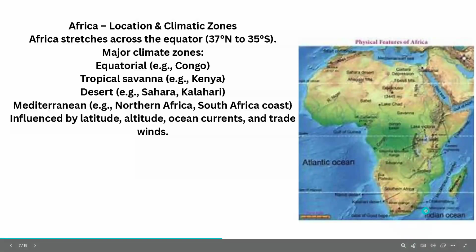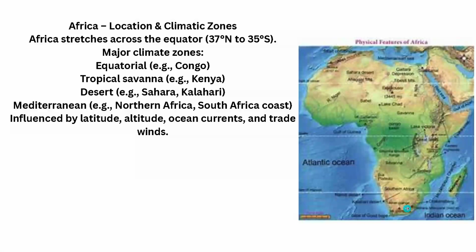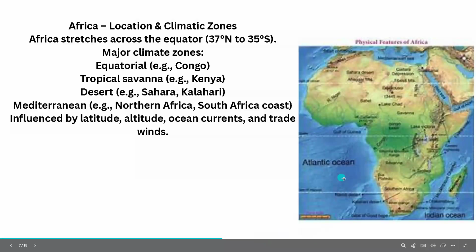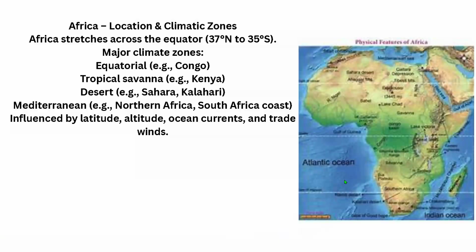That means sultry, hot weather, and moisture or humidity will be more. So it is influenced by latitude, altitude, ocean currents and trade winds. About these ocean currents, I will be explaining in the same video. Wait till I explain.